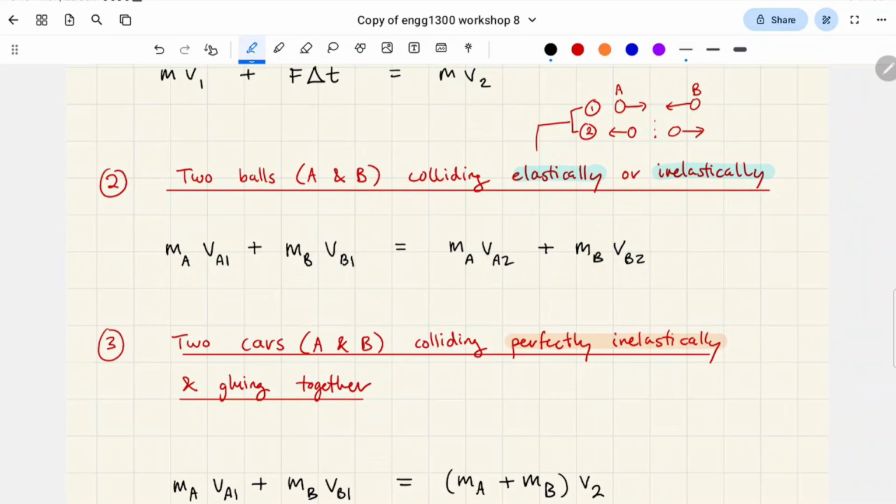In the second case we have here, we have two cars colliding perfectly inelastically and gluing together, right? So there is a difference between perfectly inelastic and elastic collisions. I'll explain a bit more after I do question 1 on why that is, but I'll just give you the rough gist of it first. So again, pretend we have two states, right? Do my best to draw a car here.